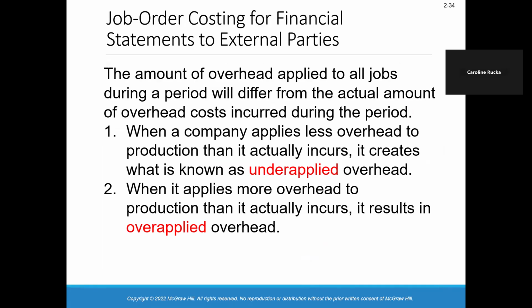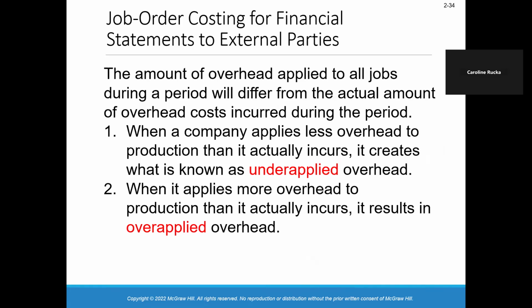So the amount of overhead that you apply during a period is going to differ from the actual amount of the overhead cost. Remember, with job order costing, how we came up with these estimates. We are not perfect. We are not going to make a perfect estimate.